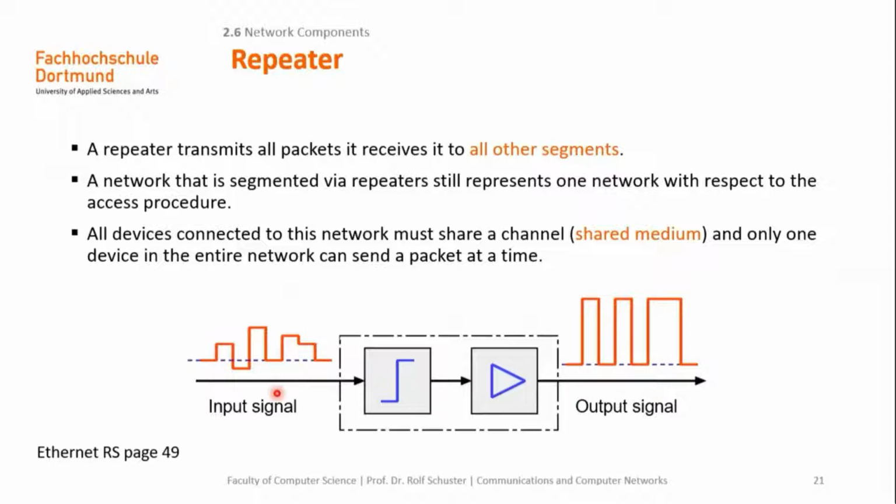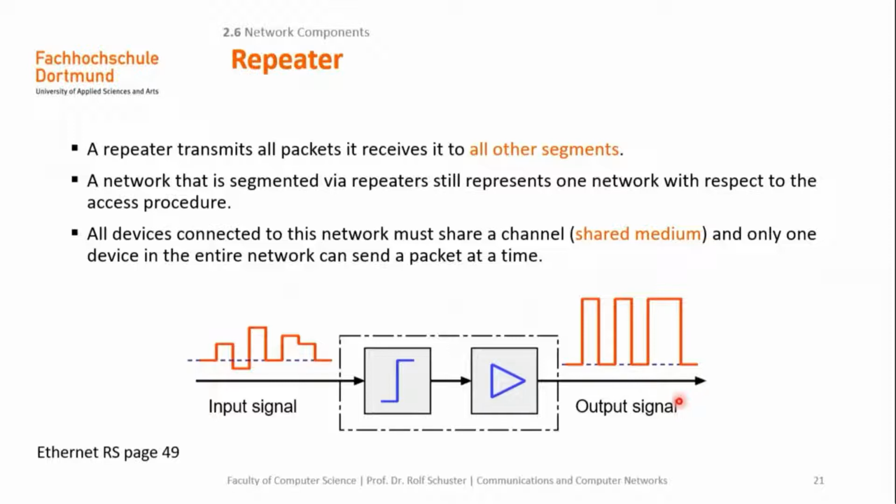One of the possible adaptations is the adaptation of different media. The repeater could receive a digital signal over, for instance, a coaxial cable, and could transmit the signal over a UTP or over a fiber cable.